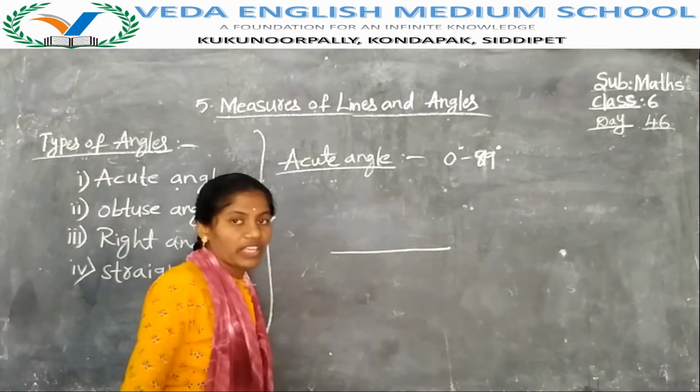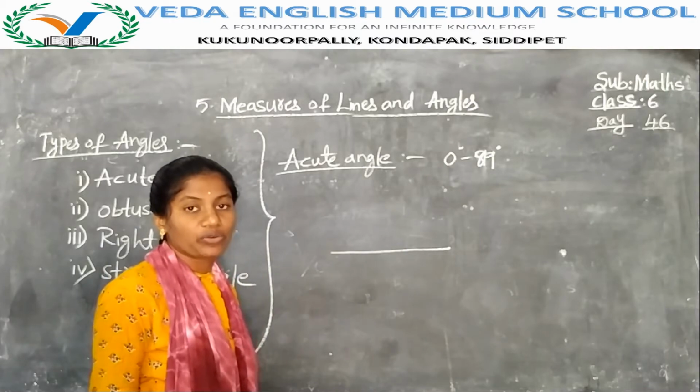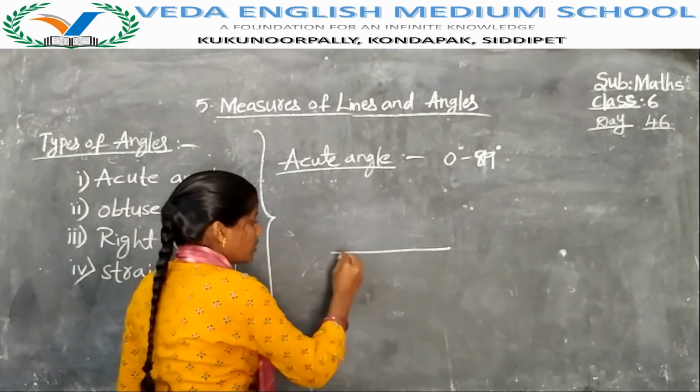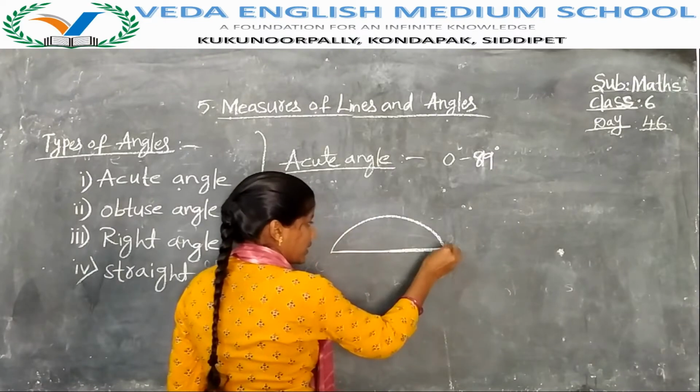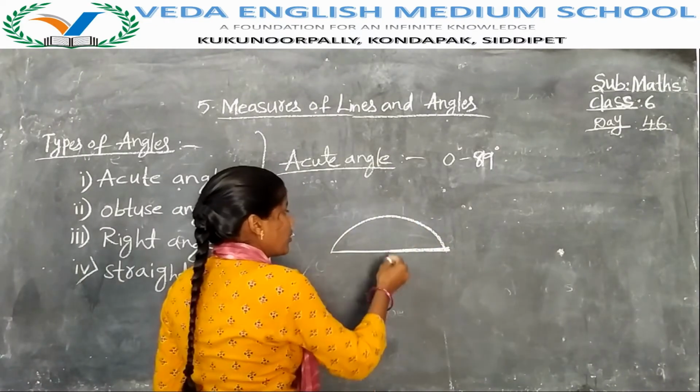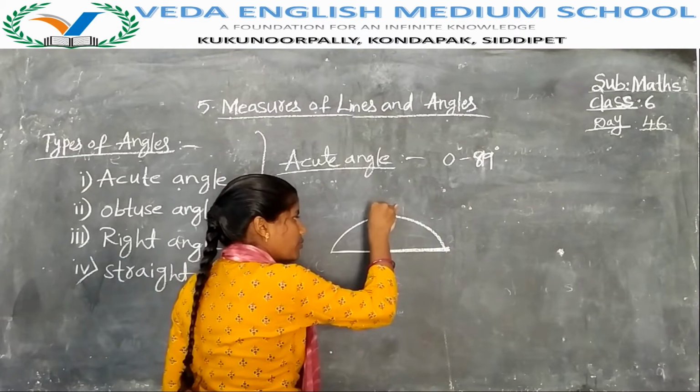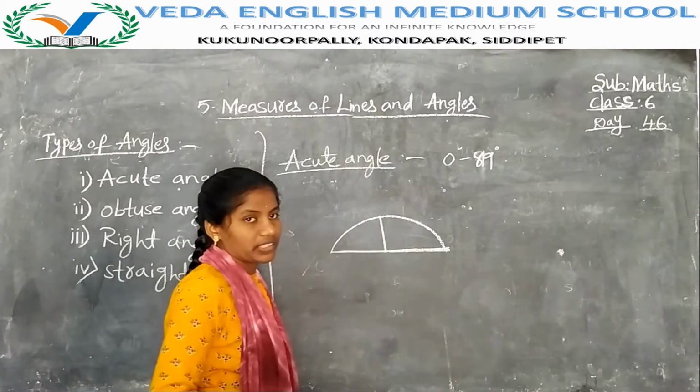In class 5 we learned how to draw angles using a protractor. Once again I will explain. Now see. The protractor is in the shape of D. On the protractor we have degrees from 0 to 180.